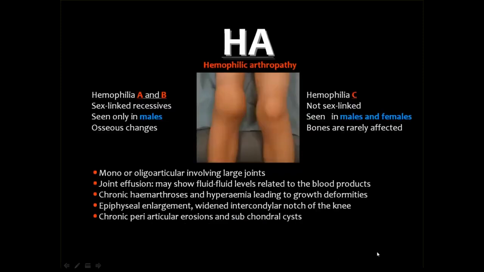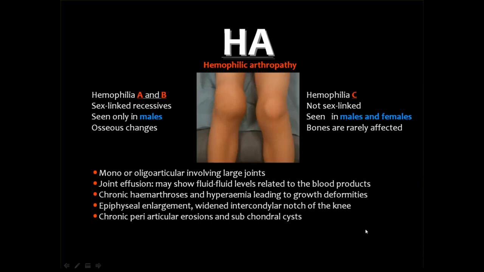Then we came to hemophilic arthropathy, and you know that we have two types of hemophilia, hemophilia A and B, which is a sex-linked recessive disease seen only in males and is associated with bony changes, while hemophilia C is not sex-linked, seen in males and females with almost no bony changes.